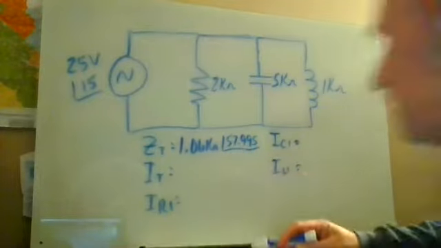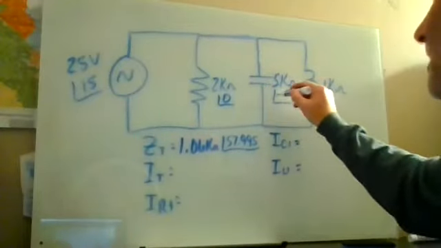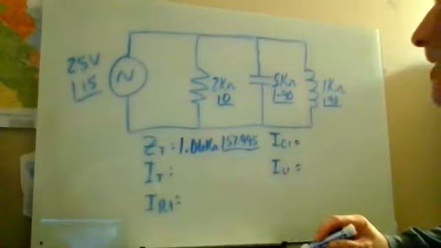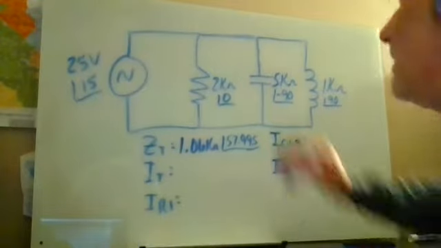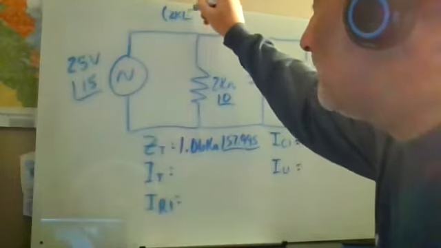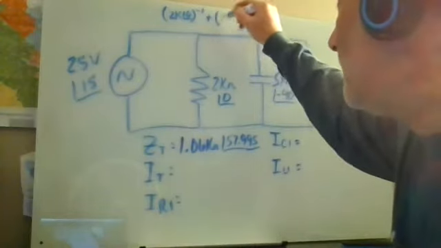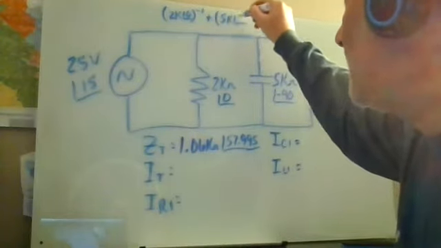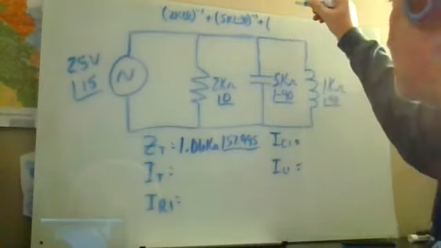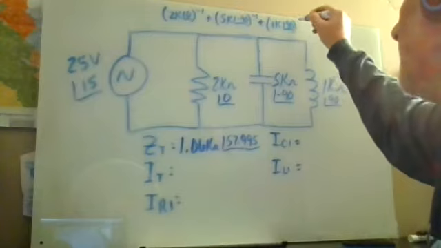So for Z total, remember I told you to put angles on everything. So we got a 0, we got a -90, we got a 90. And then I have to put them in parentheses: 2K, an angle of 0, shift reciprocal, plus, in parentheses, 5K, angle of -90, shift reciprocal, plus, parentheses, 1K, an angle of 90, shift reciprocal.